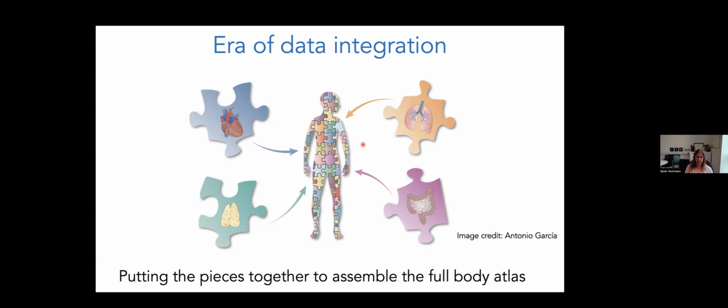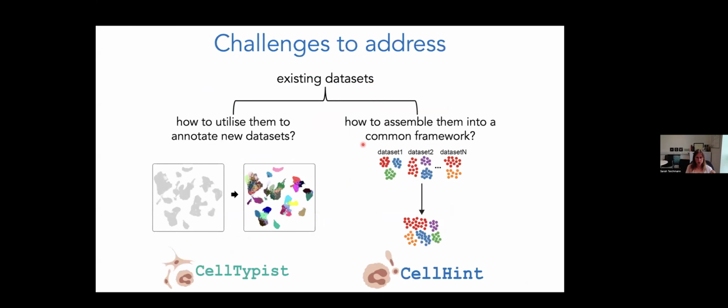and integrated data sets. And of course, there are many ways of tackling this in terms of annotating new data sets. What we provide for the community is a collection of logistic regression models that can rapidly screen against a new data set, and provide a fast first pass annotation.